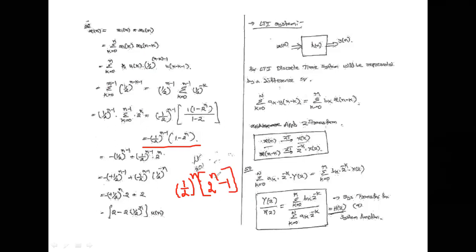So 1 by 2 whole power n and the 2 power n becomes 2 power minus n into 2 power n minus 1. So I'm writing the 1 by 2 as 2 power minus 1. Multiplying this with 2 power n becomes the 2 power 0 value, n minus 1 minus 2. So it is not n minus 1.